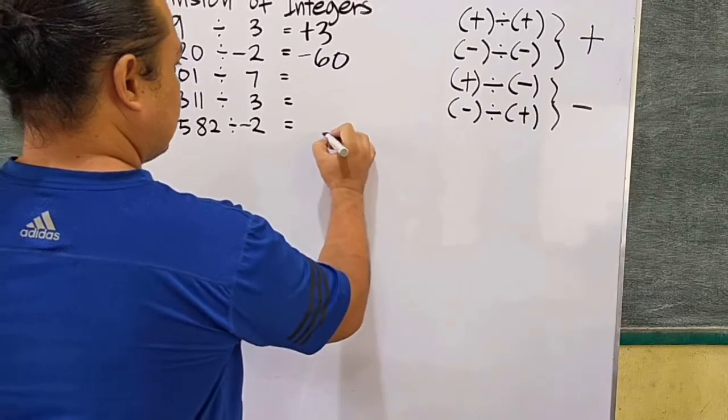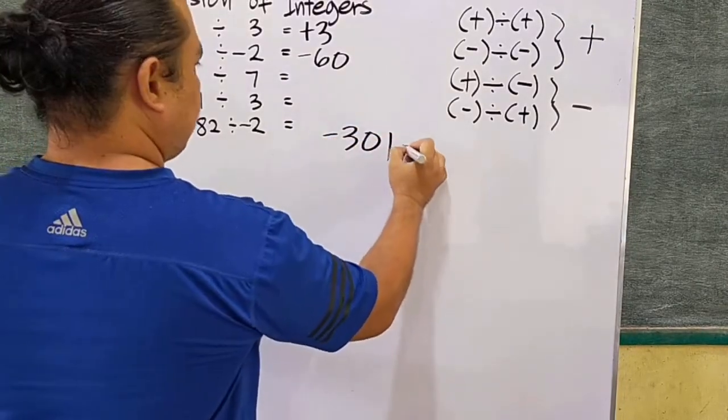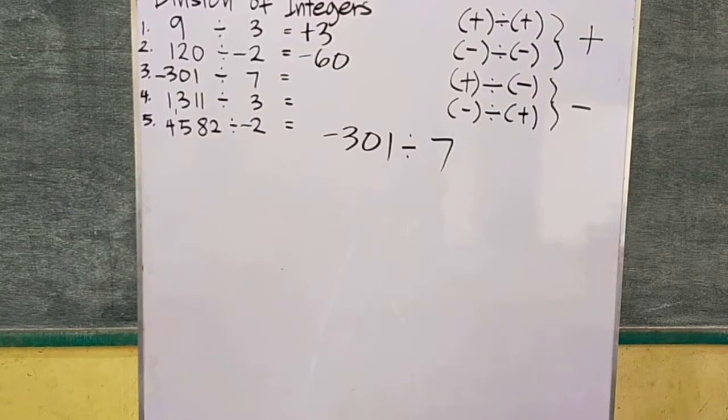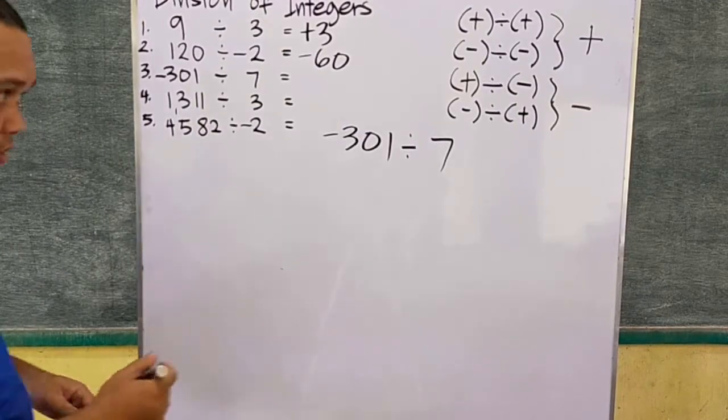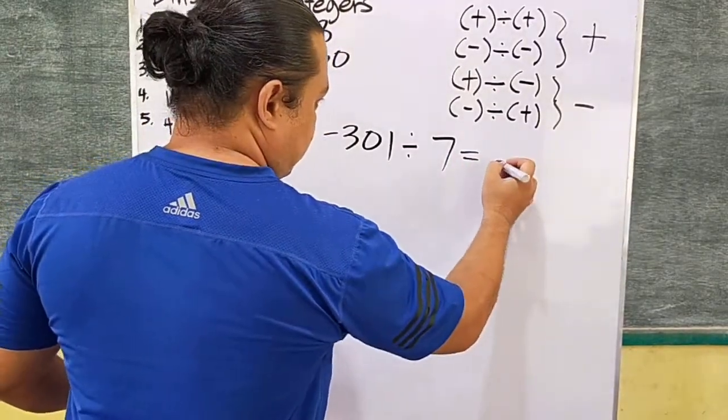We have here negative 301 divided by 7. Okay? Now, 301 here is a negative, while 7 is a positive. So therefore, our quotient must be a negative quotient.